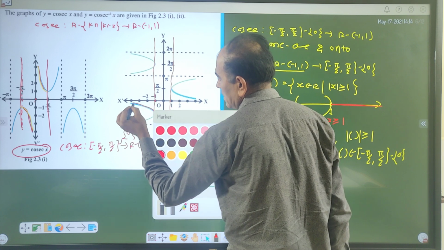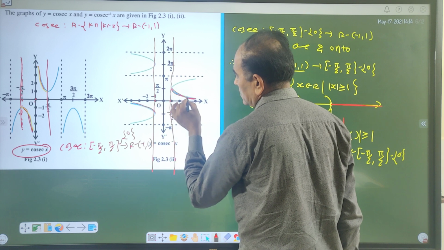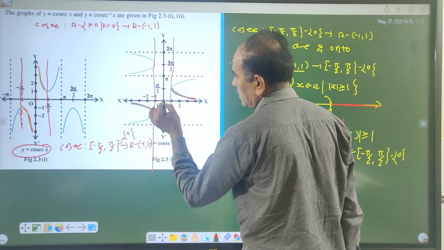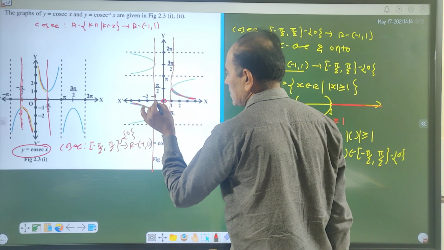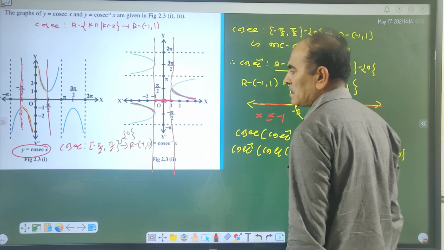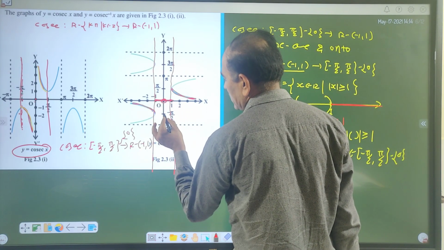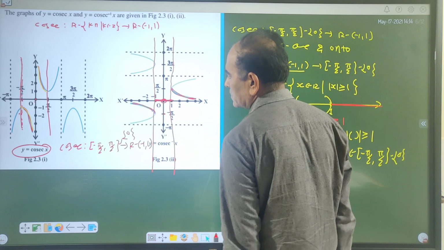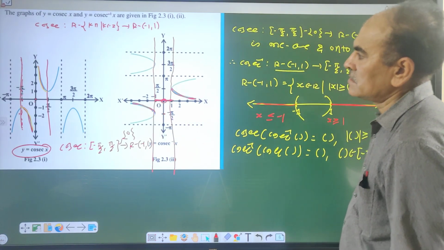So for this part as well as for this part, this function is 1-1 and onto. It is not defined at 0, because of course it is not defined in between minus 1 to 1 also. But it is defined at 1 as well as defined at minus 1. Clear? So this is the cosec inverse.